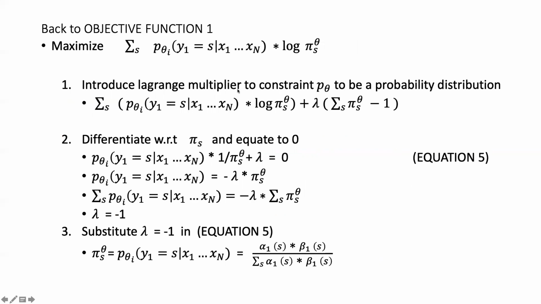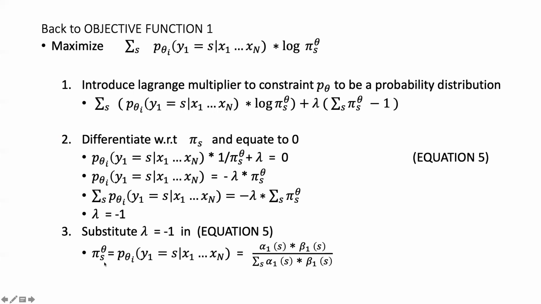In a similar fashion to what we did for supervised learning, the initial parameters are probabilities, and the estimates should sum up to 1. So we introduce the Lagrangian multiplier and rewrite the objective function in this form. We follow similar steps, differentiating with respect to the parameter we are interested in and equating to 0, then find the estimate for the Lagrangian multiplier, and we can find the estimate for the initial probabilities.